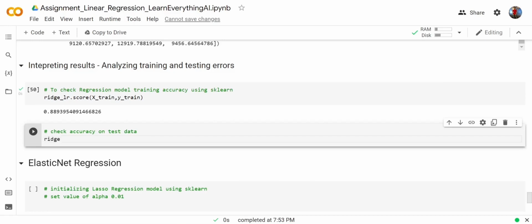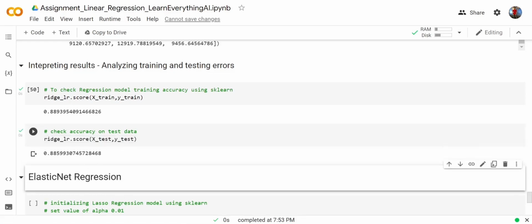And we are observing that there is not much change from what we had received in the previous two, in the first regularization method as well as the multivariate analysis.